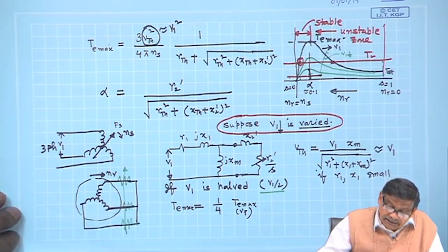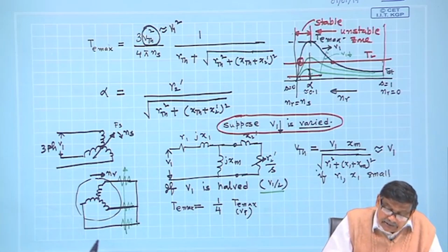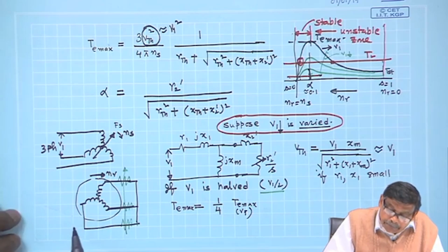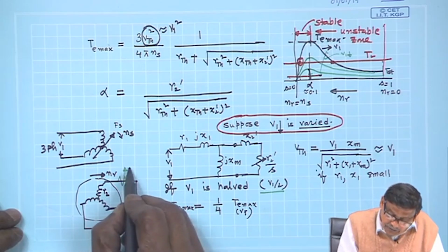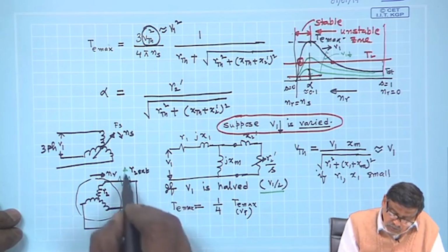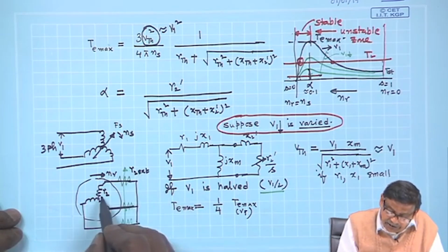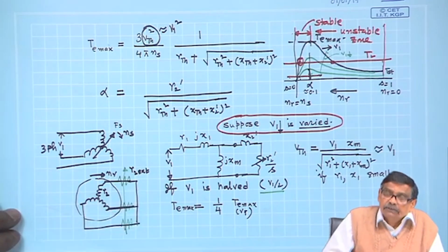Therefore, I am essentially trying to understand how the torque slip characteristics will get modified if I vary the rotor resistance. How am I varying? The inherent rotor resistance, this R2. Now, I will connect some R2 external. So, total rotor resistance will become this R2 plus R2 external per phase in the rotor circuit.